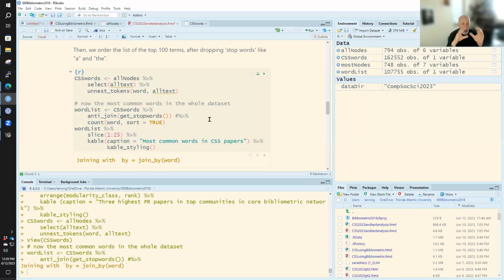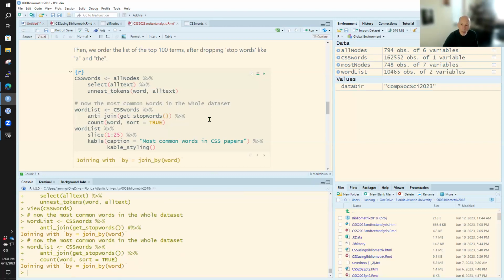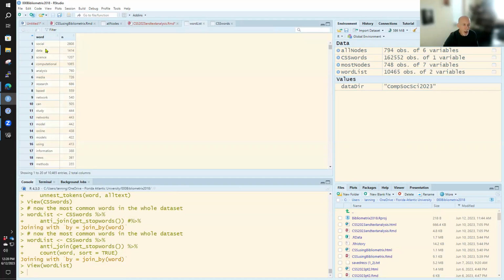Now we're going to collapse that long list of 107,000 to a series of counts. And let's look at the number of words, ordered, the most common words in the field.